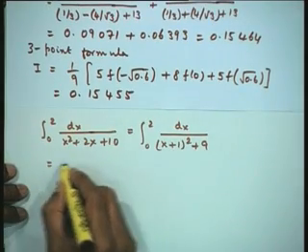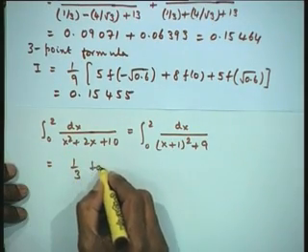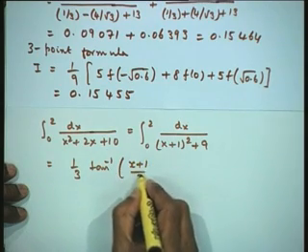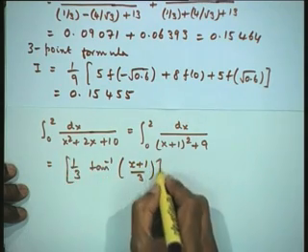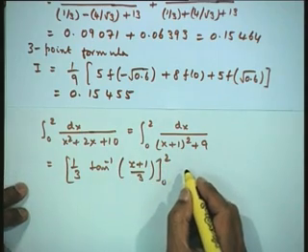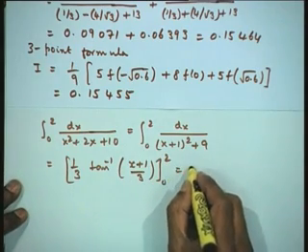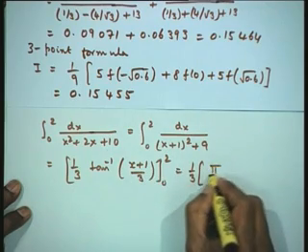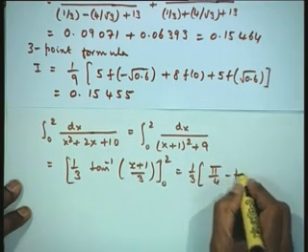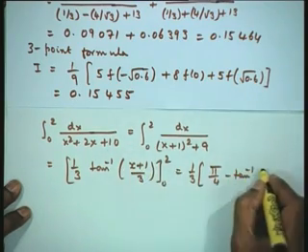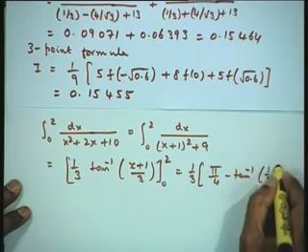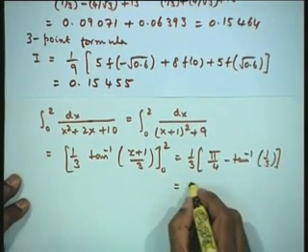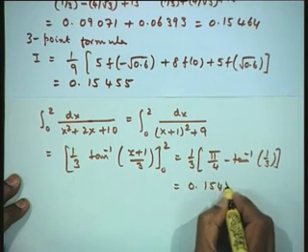Therefore, this is 1 upon 3 tan inverse of x plus 1 by 3 within the limits 0 to 2, that is 1 by 3 tan inverse of 1, that is pi by 4, minus tan inverse of 1 by 3, and if you compute this, this is 0.15455.